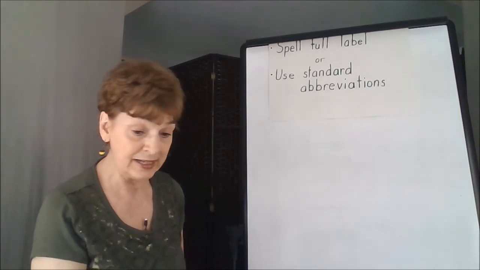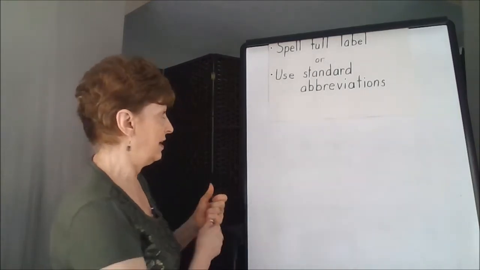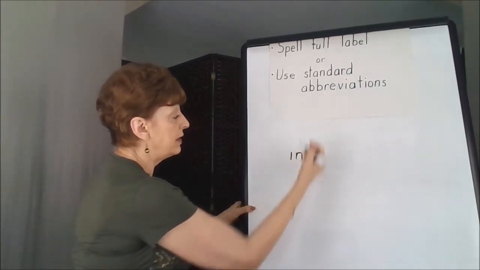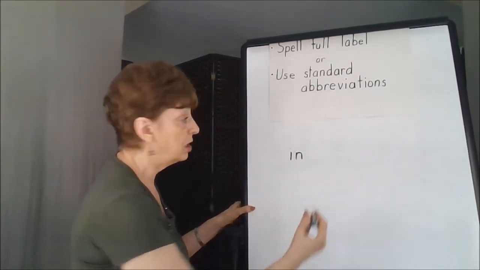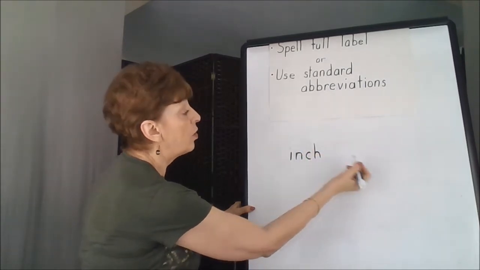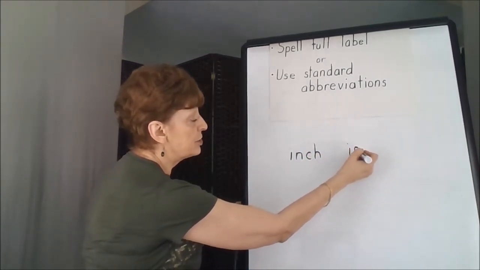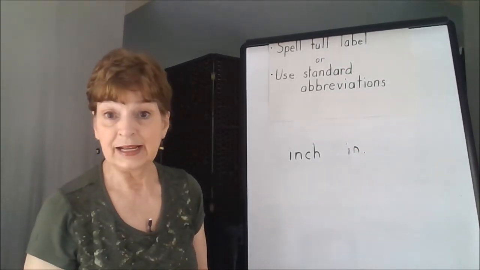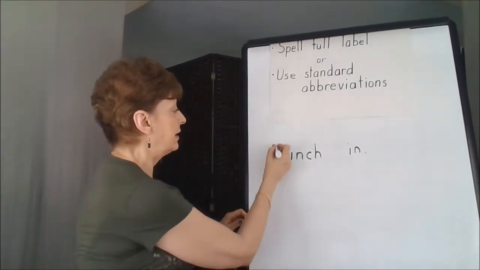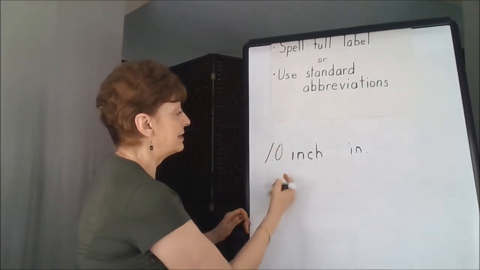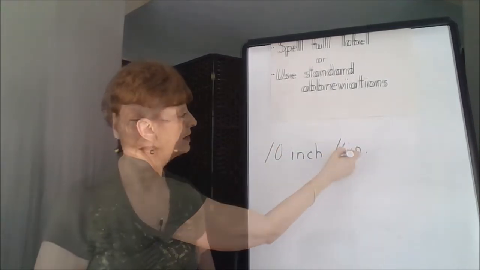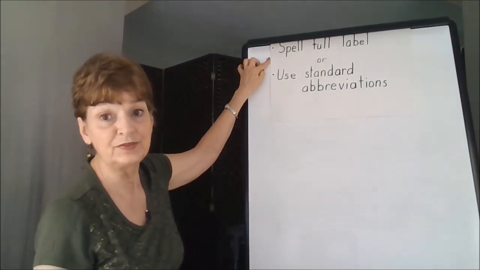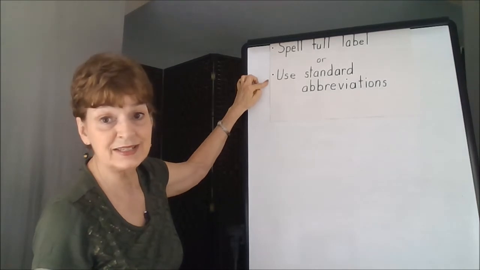If the problem is talking about inches, if you want to show it in your work, you can spell it this way, or you can use the abbreviation "in", like that. Either way, but it's important that you say what this 10 means, and that 10 means. So the second thing to do is spell the labels fully, or use the standard abbreviation.